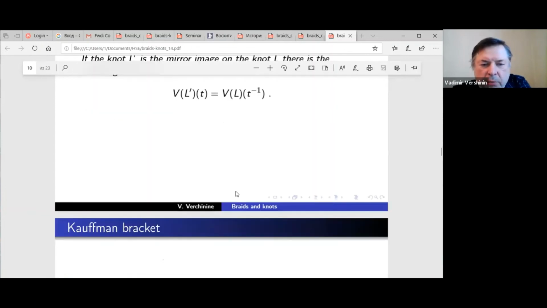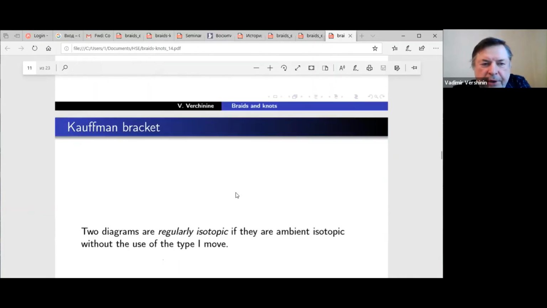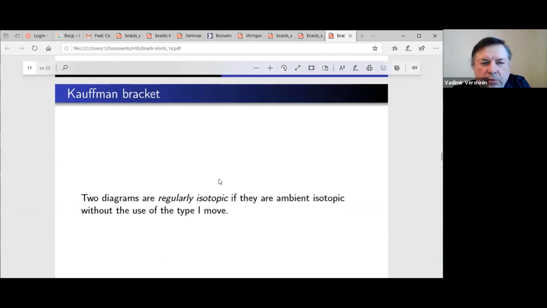So I would like to present the Kauffman approach to the Jones polynomial. The Kauffman approach came later. In some sense, it is like when you know the answer, you construct something knowing the answer.